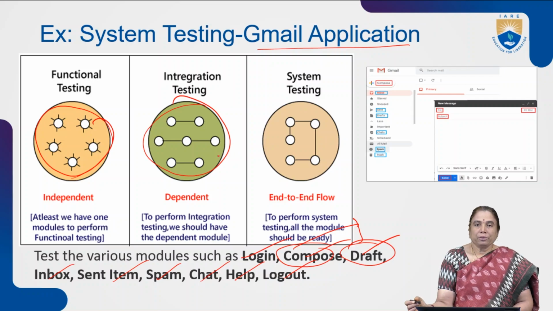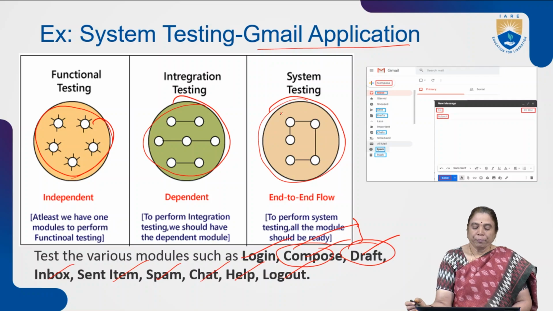According to the system architecture, they are integrated and the complete system is formed. So end-to-end testing can be performed with the help of system testing. The application is ready to use, and the various module functionality can be tested by inputting sample input data and verifying its intended functionality.